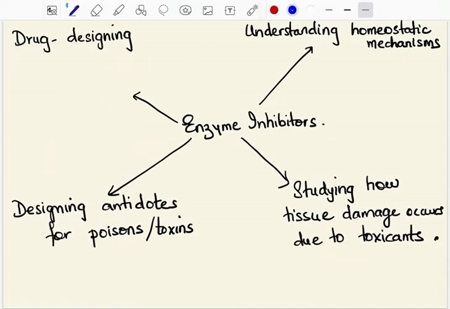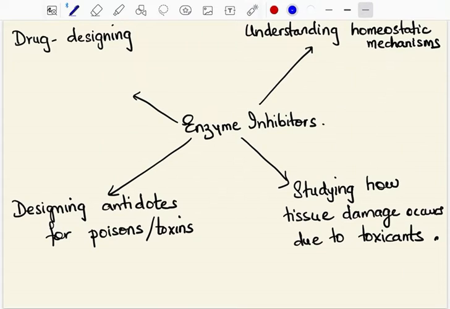So this means it stimulates your clotting cascade pathway. So if you have this knowledge, you can immediately give an enzyme inhibitor that stops the clotting activation in a patient who might otherwise die, and you can save the life of the person. So this means the knowledge of enzyme inhibitors is very, very essential, right?